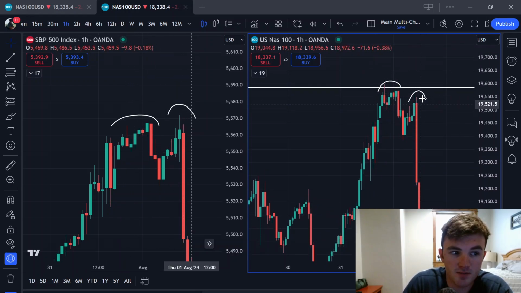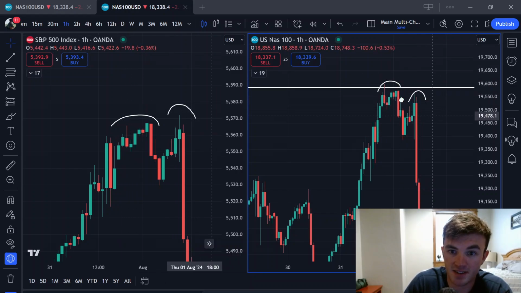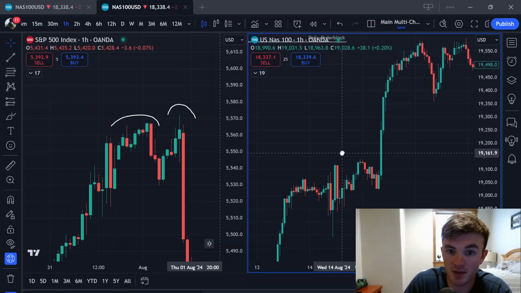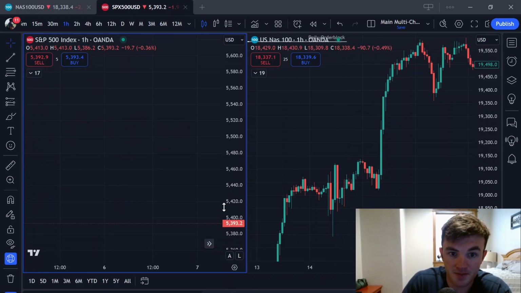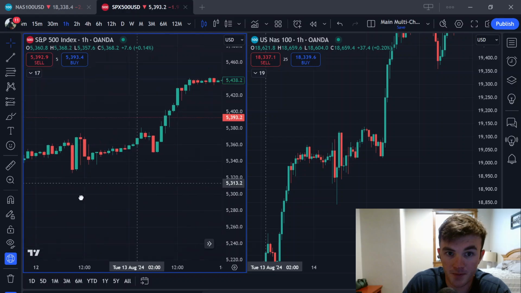A bearish breaking correlation is when it's between two assets' highs, but a bullish breaking correlation is when it's between two assets' lows.